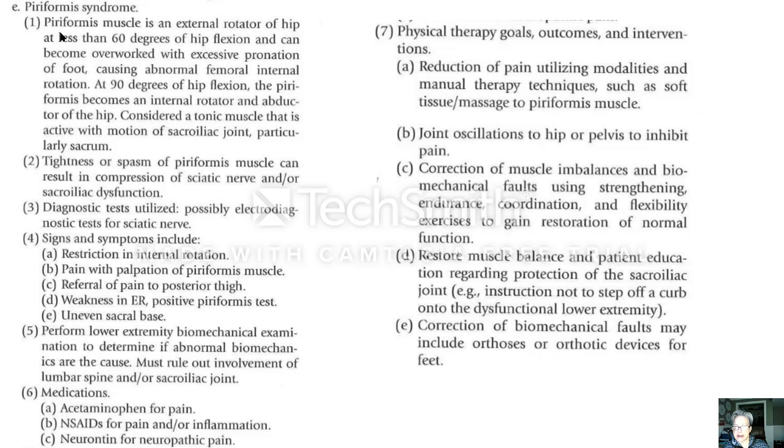Restore muscle balance and patient education regarding protection of the sacroiliac joint. For example, instructing not to step off a curb onto the dysfunctional lower extremity.